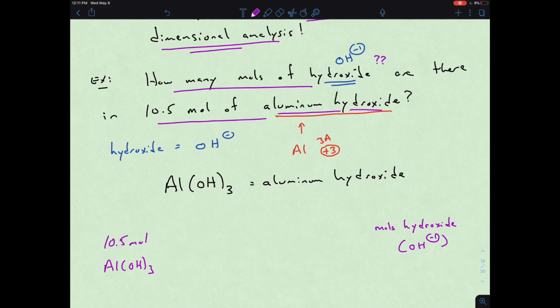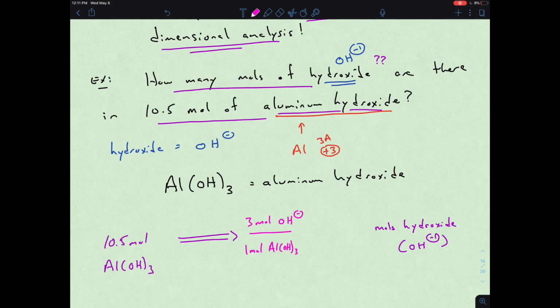The formula states that there are 3 moles of hydroxide for every 1 mole of aluminum hydroxide.